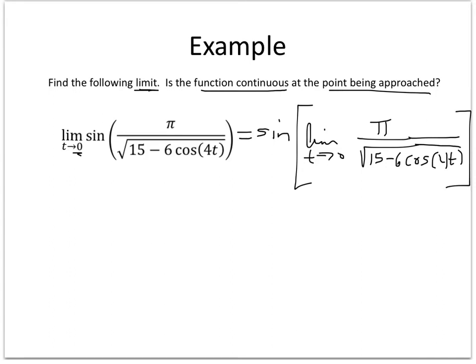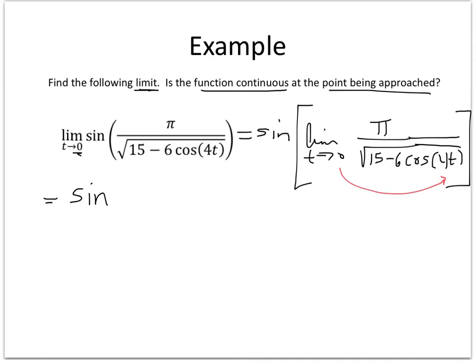So now here, if I finish this, if I plug in 0, get another color going here. If I plug in 0 here, then I get the cosine of 0, which is 1. And then 15 minus 6, which is 9, and the square root of 9, which is 3.